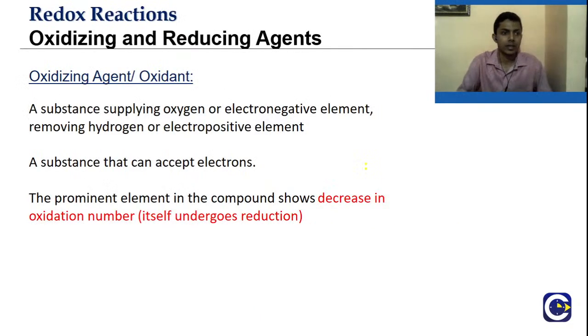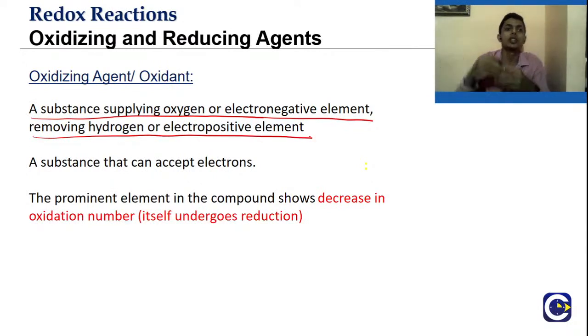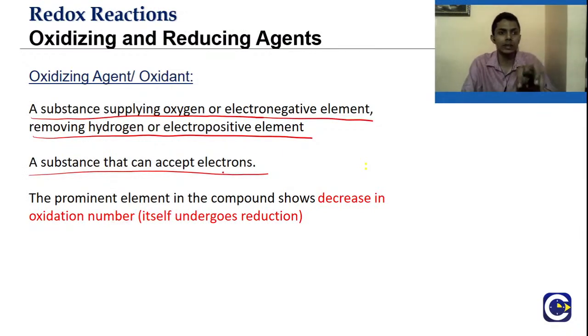A substance supplying oxygen, or an electronegative element, basically oxidizing another compound, and removing hydrogen or an electropositive element to oxidize the other element, such a substance we call an oxidizing agent. It is a substance that can accept electrons.